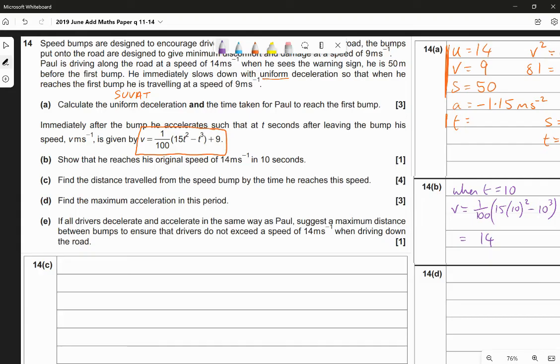Either you use the velocity formula to create a formula for the displacement and substitute in t is 10, or you use definite integration between 0 and 10, since the area underneath the velocity-time graph gives you your distance traveled. And so definite integration between 0 and 10 will find that distance.